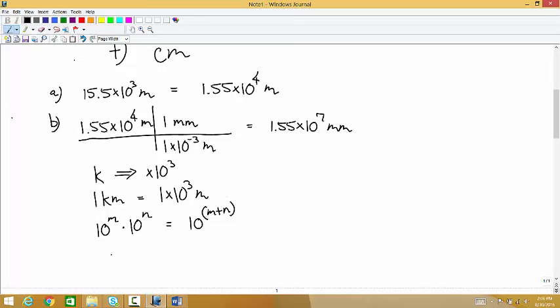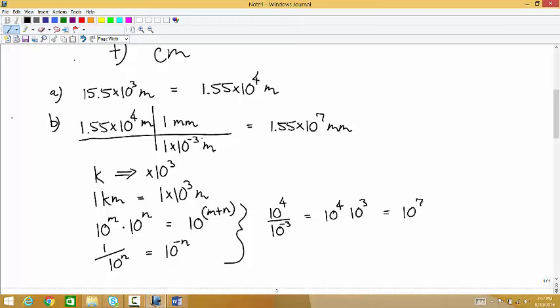And 1 over 10 to the n is 10 to the minus n. So in this case, 10 to the fourth divided by 10 to the minus third is the same thing as 10 to the fourth times 10 to the positive third because of this division definition. And that's equal to 10 to the 4 plus 3, which is 10 to the 7.